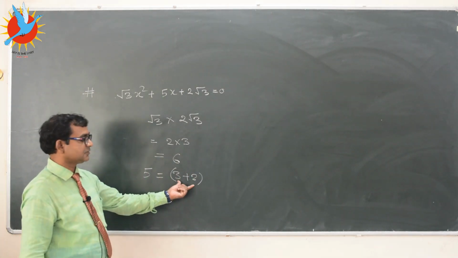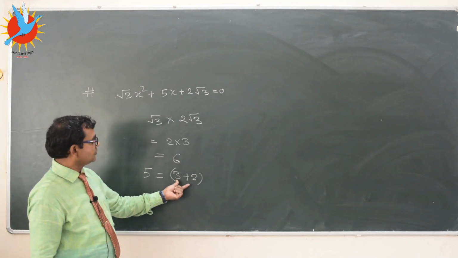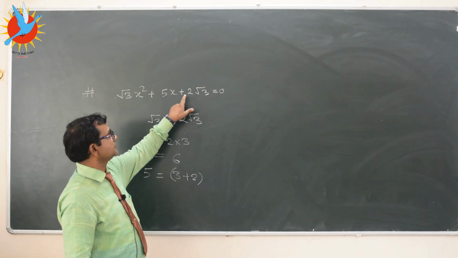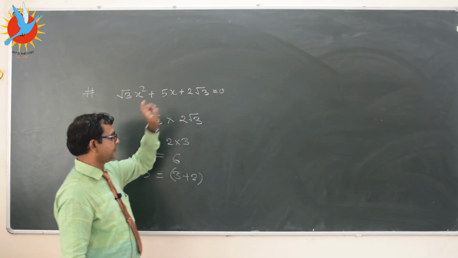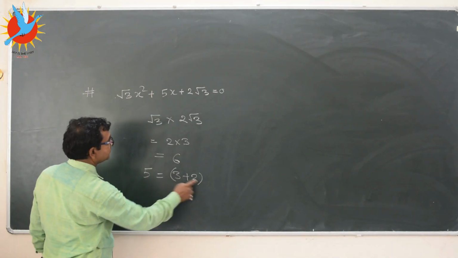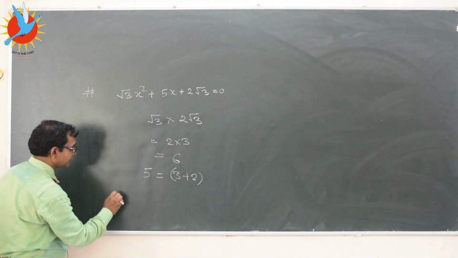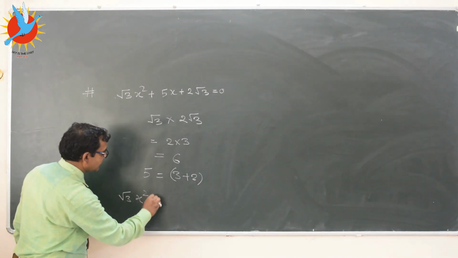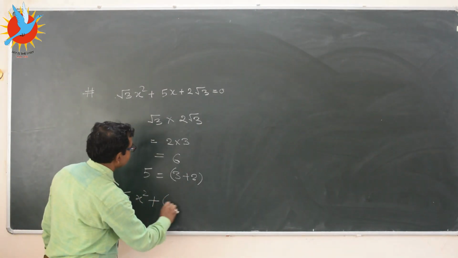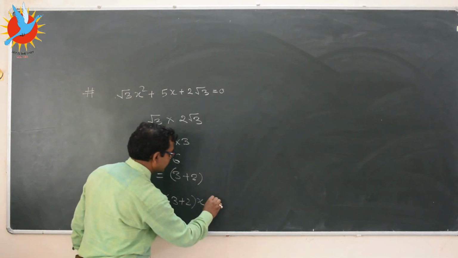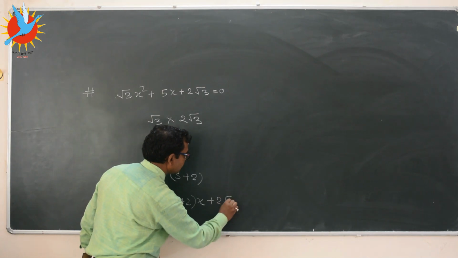We can take plus only in those quadratic equation solutions where this constant term is of plus sign. So take 3 plus 2 at the place of 5. We have root 3 x square plus 3 plus 2 into x plus 2 root 3.